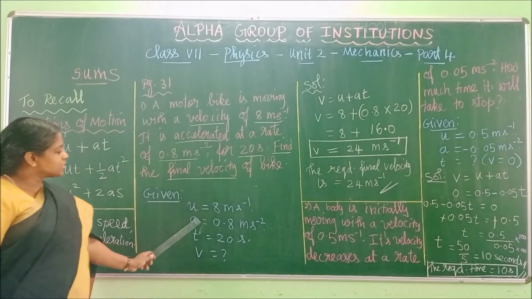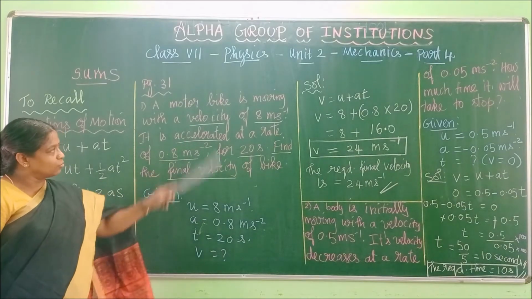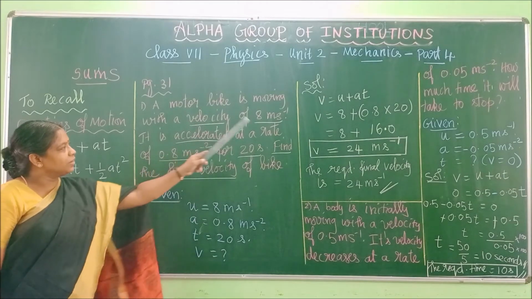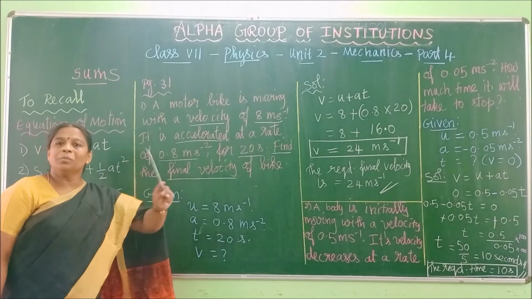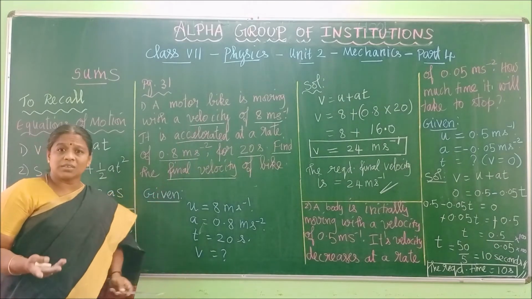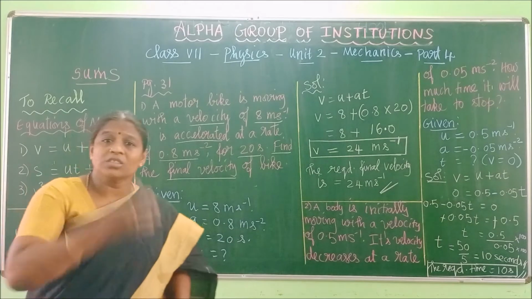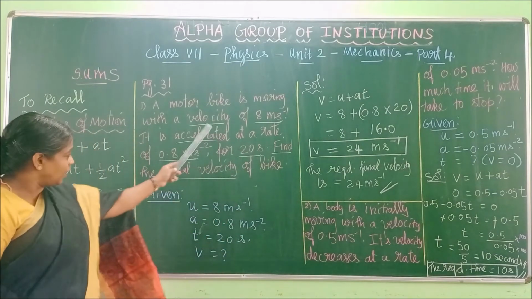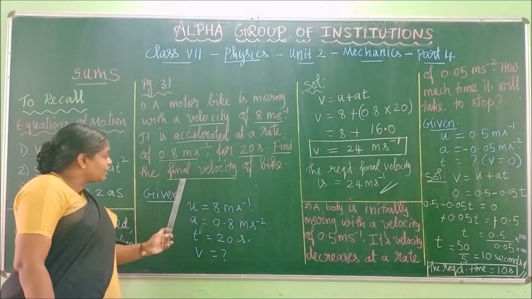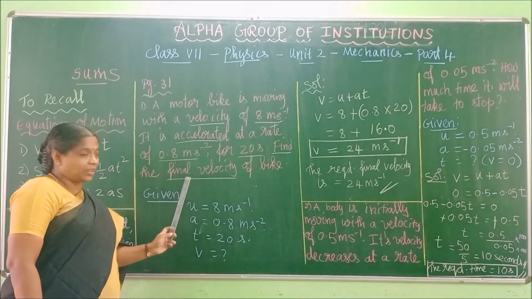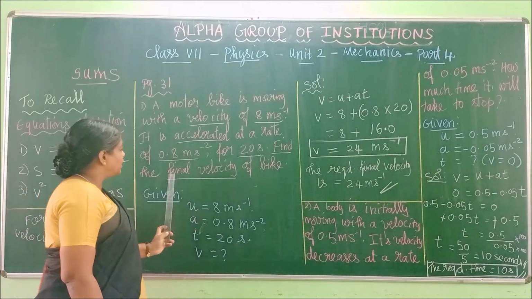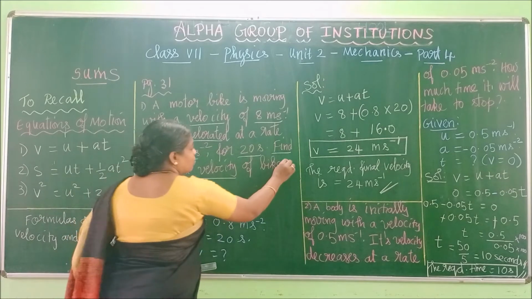So first, as it is, write the values. Velocity is given, 8 meter per second. Here you may get confusion. Velocity alone is given. How can we decide initial velocity or final velocity? If you read the sum, you can understand. Find the final velocity, another word they have given.